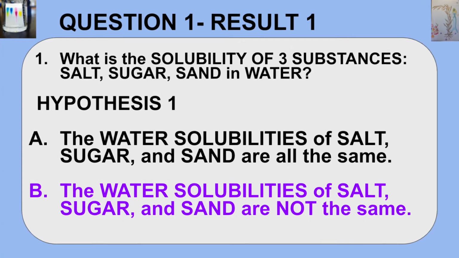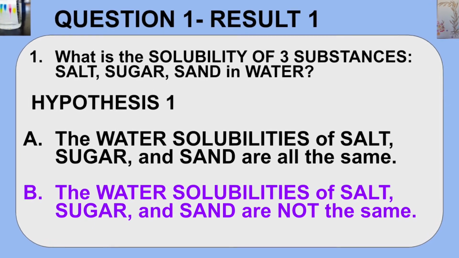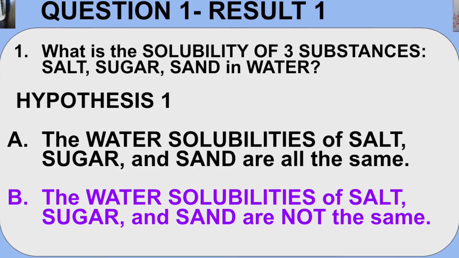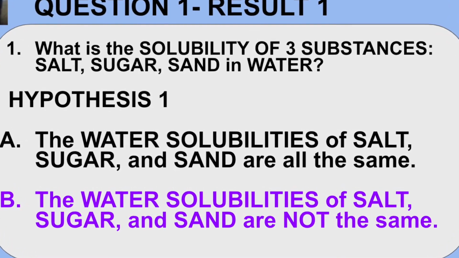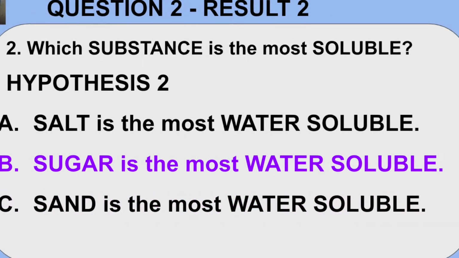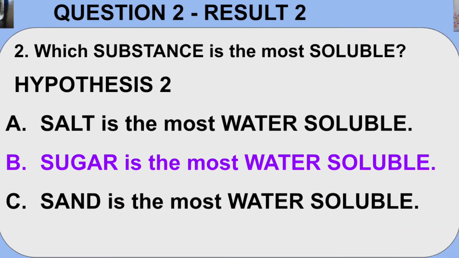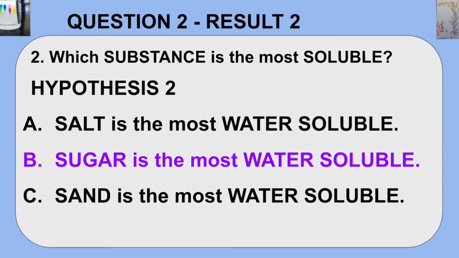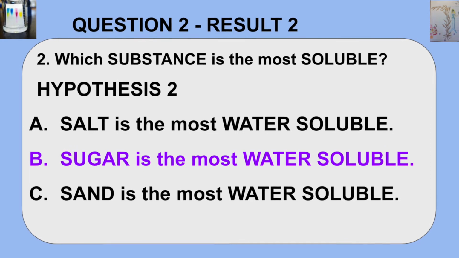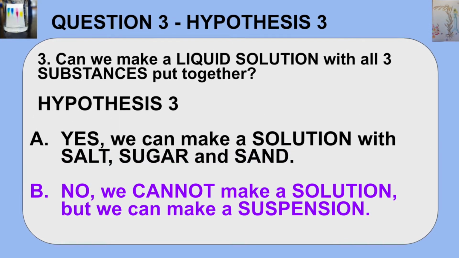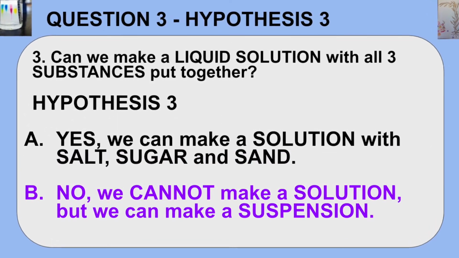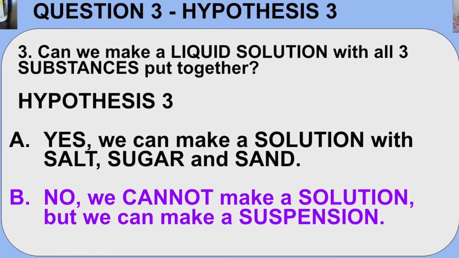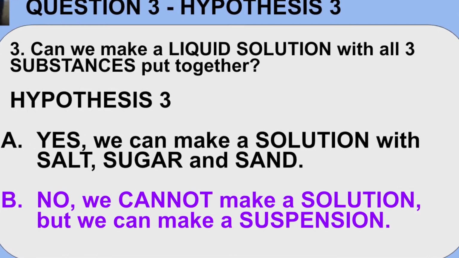So our results show that for the first hypothesis, the water solubilities of salt, sugar, and sand are not the same. For our second hypothesis, sugar is the most water-soluble substance that we tested. For our third hypothesis, no, we can't make a solution, but we can make a suspension mixing salt, sugar, and sand.